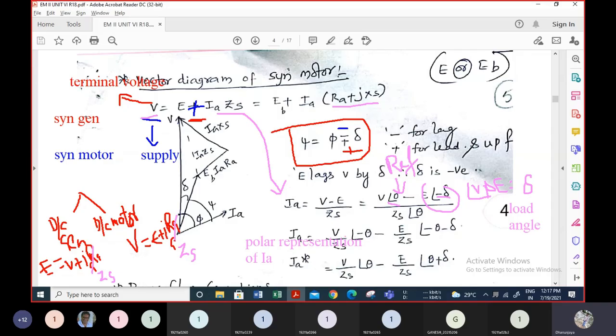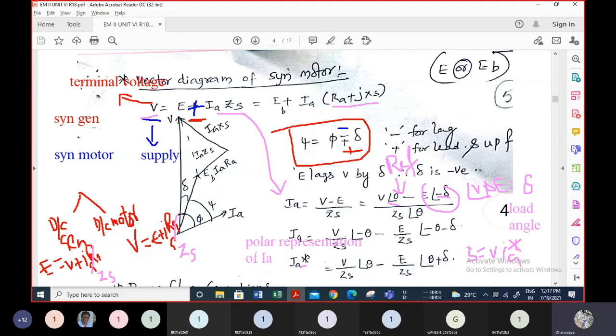We know that S, the apparent power, equals V into Ia conjugate. In the conjugate, any negative angles are converted: previously they were negative, and now in the conjugate they are converted into positive. The reactive component will change its sign.